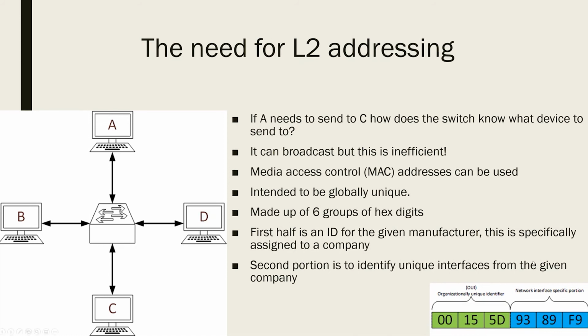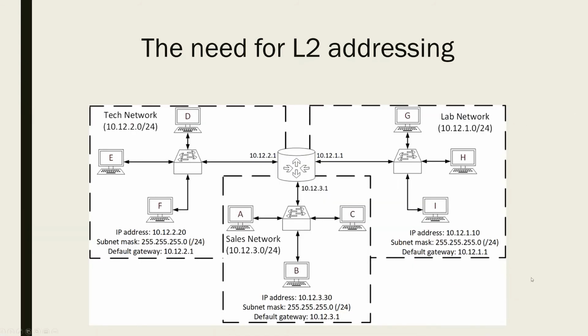Now, I've mentioned the first portion, the second portion. They are then put together, and they are used when we are sending and receiving data at that L2, or layer 2, portion. So how does that actually look on a network? A bit of a rough diagram here that we'll use throughout this presentation. Let's say we have a tech network. This is running inside a layer 2 domain. We then demark that layer 2 domain, or end it, when we hit a layer 3 device.